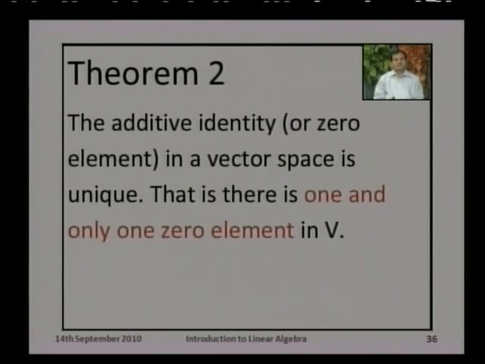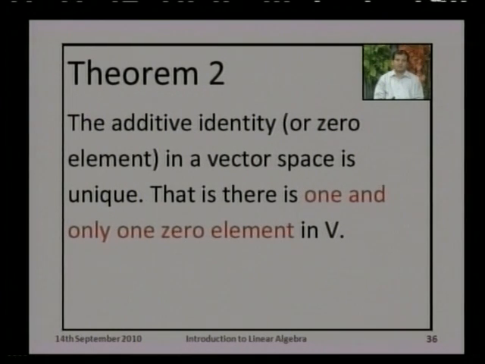The next theorem is that the additive identity or the 0 element in a vector space must be unique. That is, there is one and only one 0 element in V. It cannot be that there are 2 0 elements or 3 0 elements or none.